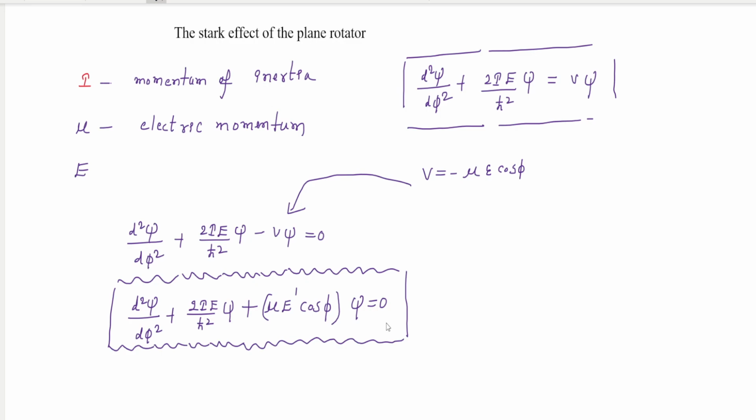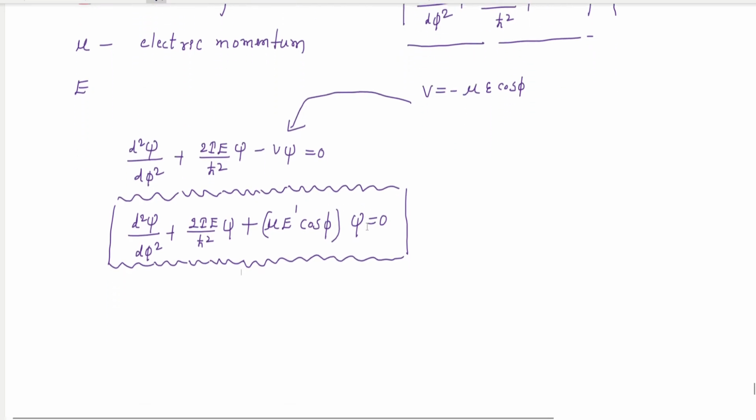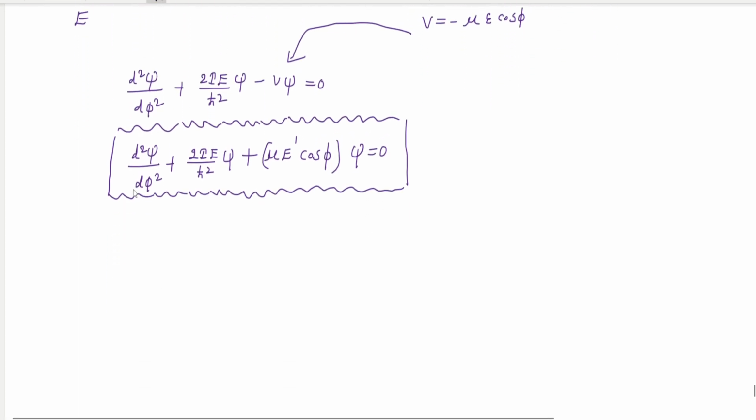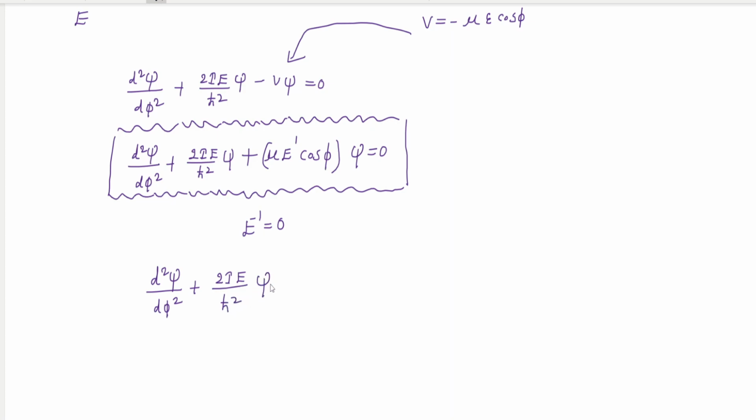For example, when E prime equals 0, the wave equation becomes like this: d square psi divided by d phi square plus 2IE divided by h cross square into the wave function psi equals 0.